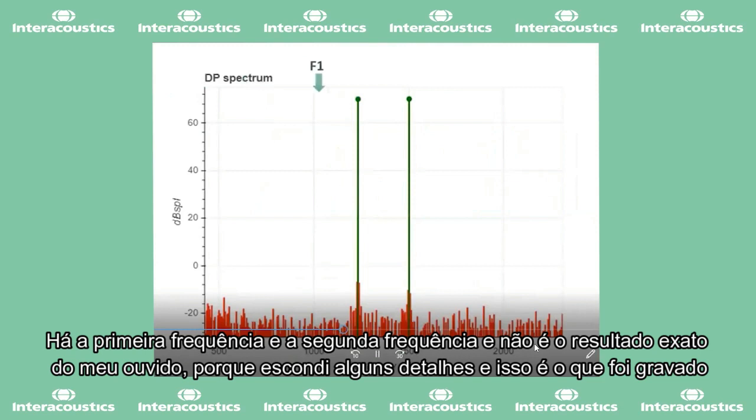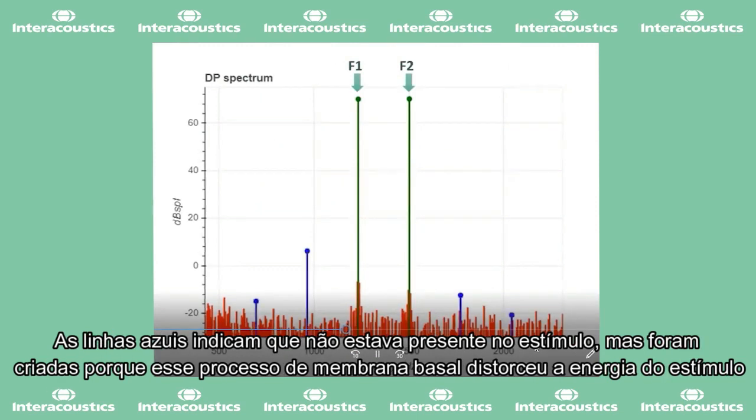There's the first frequency and the second frequency, and that isn't the exact result from my ear because I've hidden some of the detail, and this is actually what was recorded. So the blue lines are lines that were not present in the stimulus but have been created because this basilar membrane process has distorted the energy that I've put in the stimulus.